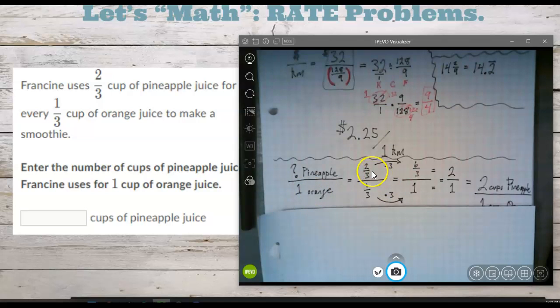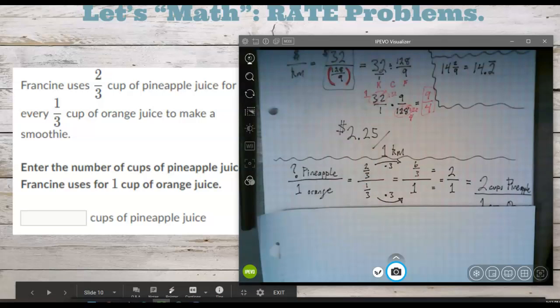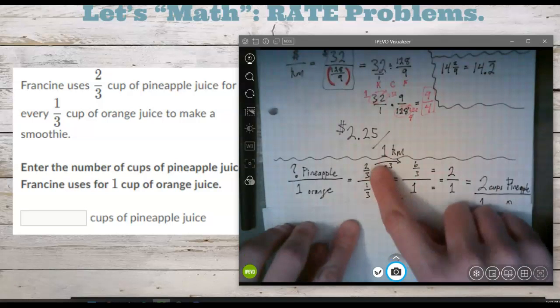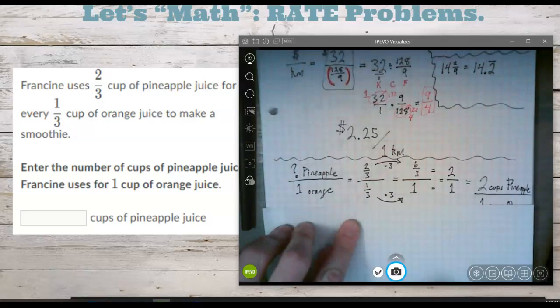So then we insert the values of 2/3 and 1/3. For 2/3 cup of pineapple told to us in the problem, 1/3 cup of orange juice told to us in the problem. Any questions on how I filled in 2/3 and 1/3?